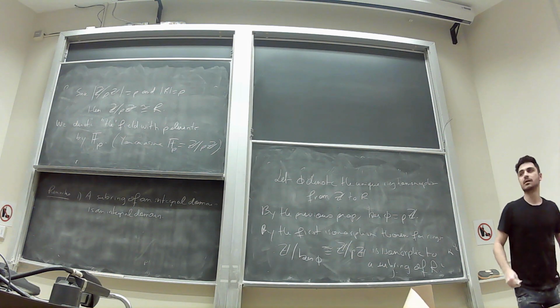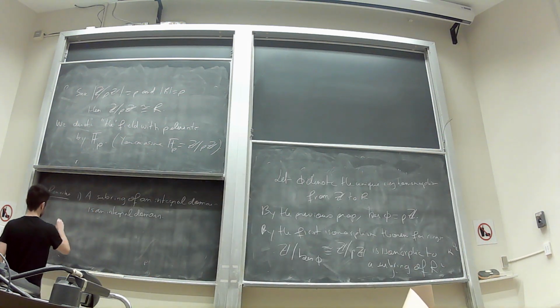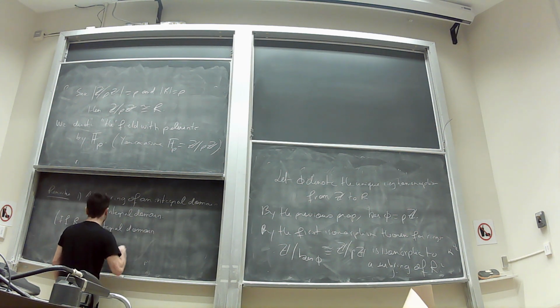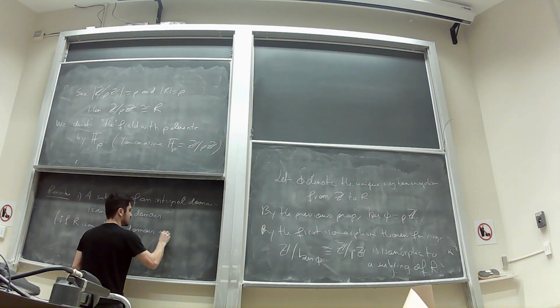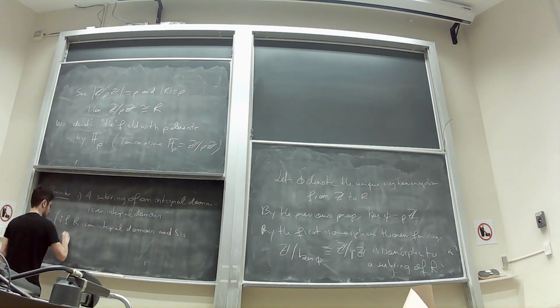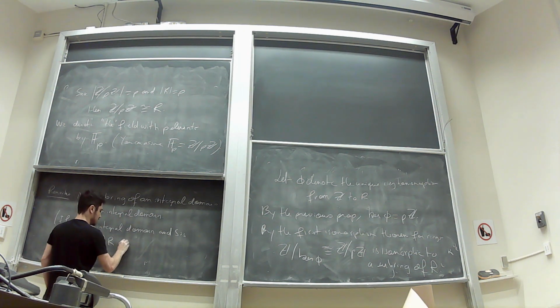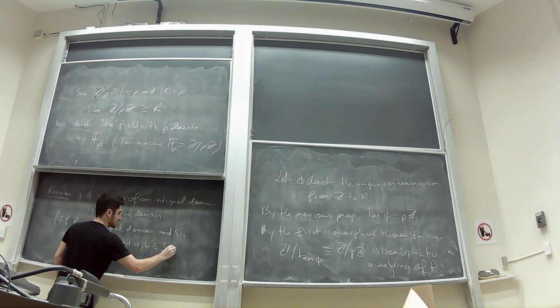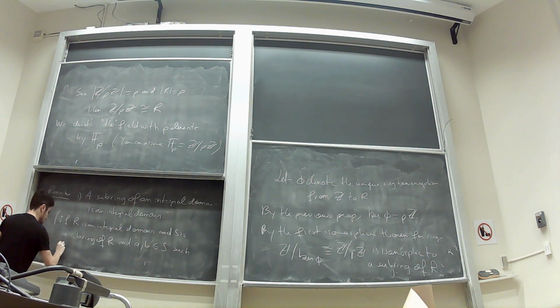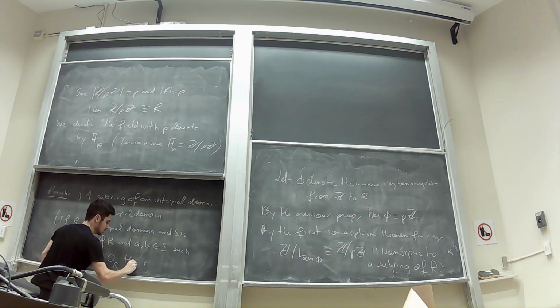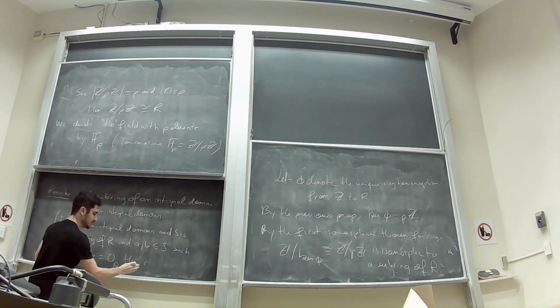If S is a subring of R, if R is an integral domain, if R is an integral domain and S is a subring, and A, B in S such that AB is equal to 0R, then, I mean, A, B are elements of R, right, such that AB is equal to 0R.